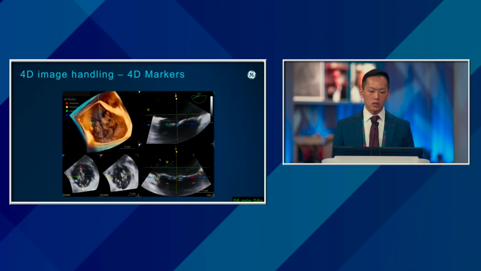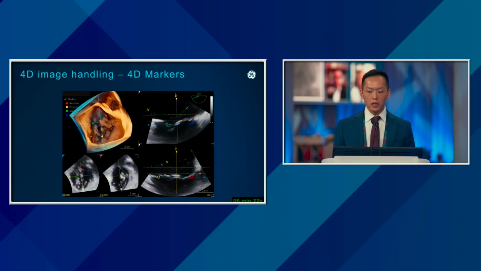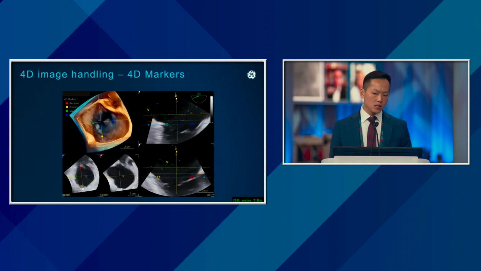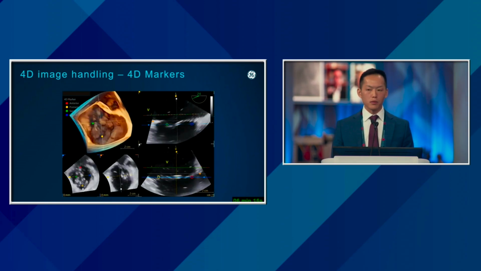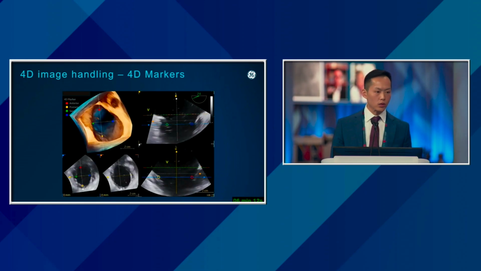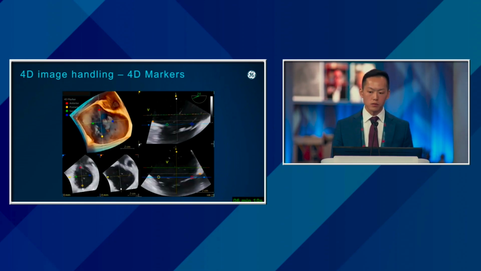So again, it really gives us just yet another degree of flexibility. And then because we can define those planes at a really exact distance, it can also help sometimes if we're trying to sort out the actual height of a device, for example, relative to the leaflets or relative to the annulus.